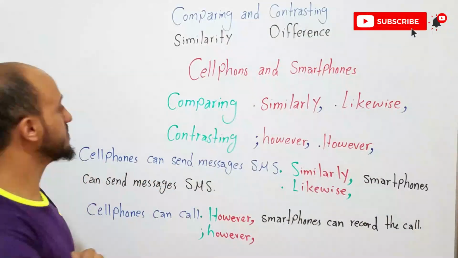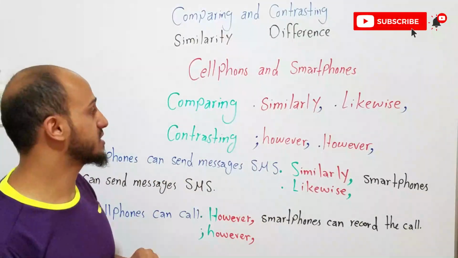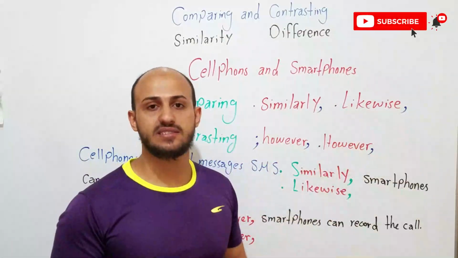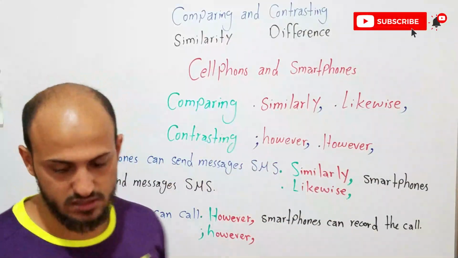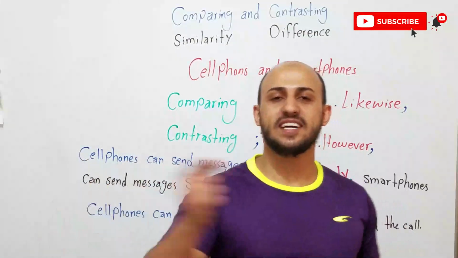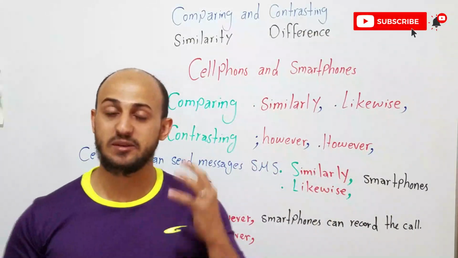Let's start here, for comparing and contrasting paragraphs. In comparing, we use similarly, likewise. Now let's talk about the transitions that we need to use in a comparing and contrasting paragraph.